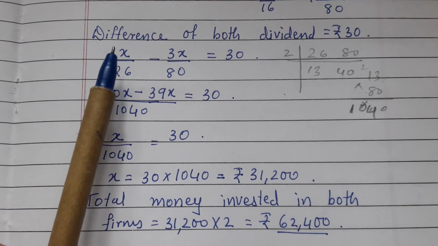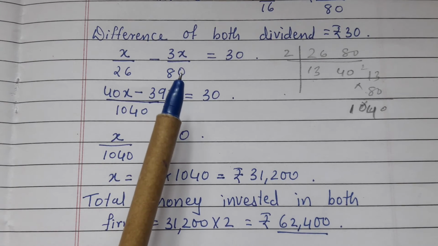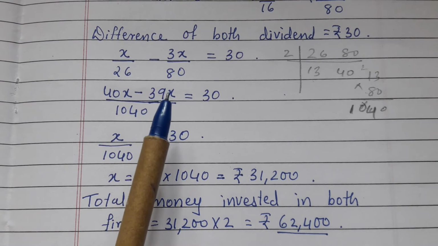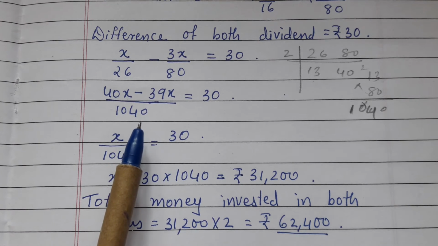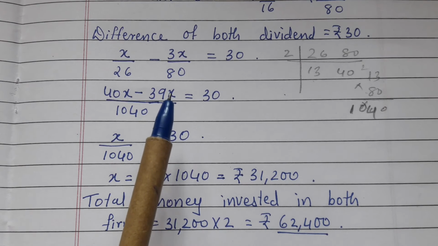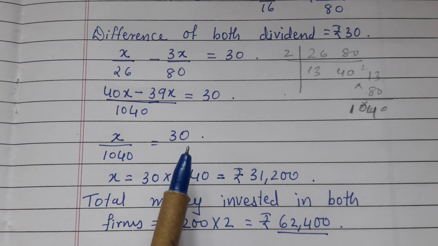Therefore, here multiply and divide by 40, here multiply and divide by 13. So 40X minus 39X upon 1040 equals 30. 40 minus 39, X upon 1040 equals 30.